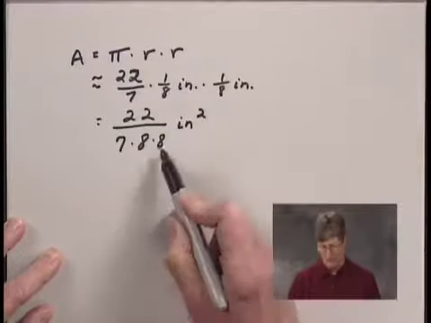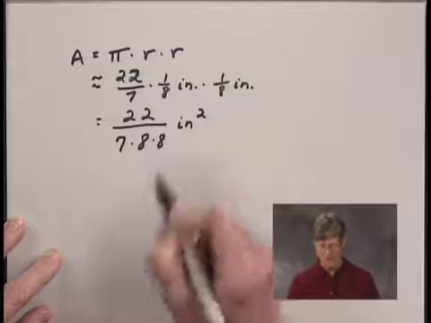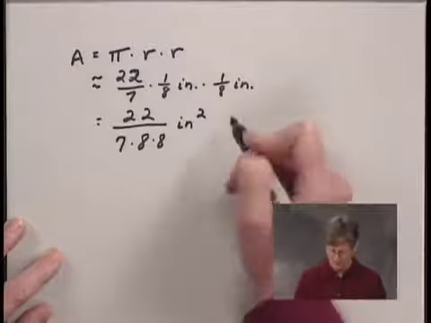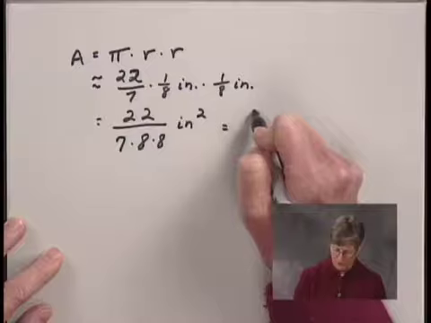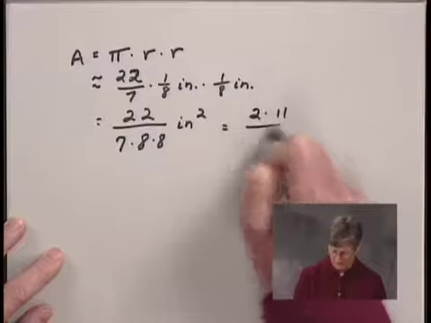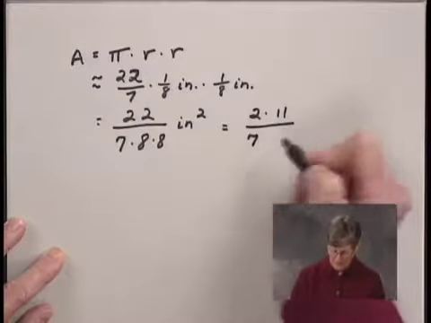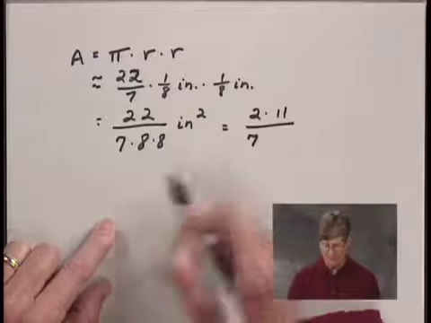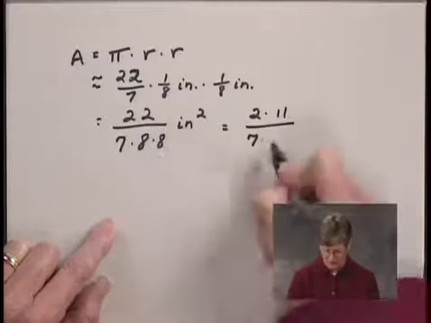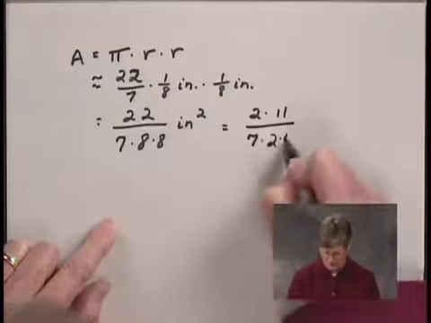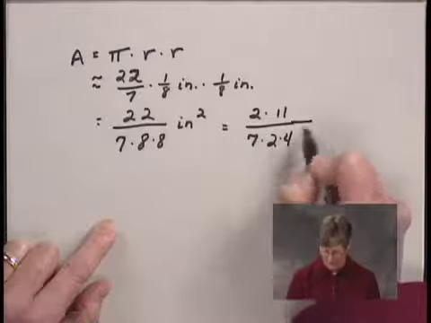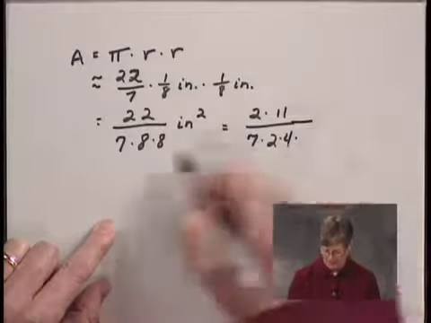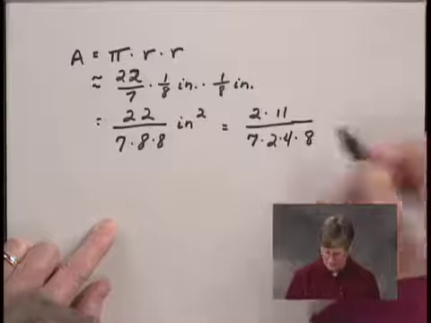And now I'm going to see if I can simplify this fraction before I carry out the multiplication in the denominator. I can write 22 as 2 times 11. 7 doesn't have a factor of 2, but 8 has a factor of 2. So I'm going to write this first 8 as 2 times 4. And I won't be able to simplify any further, so I'm just going to write the second 8 as an 8.